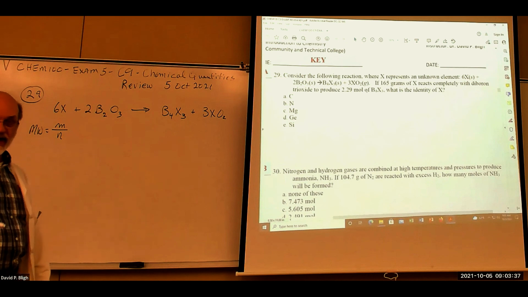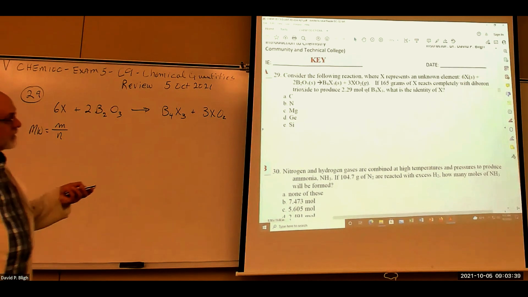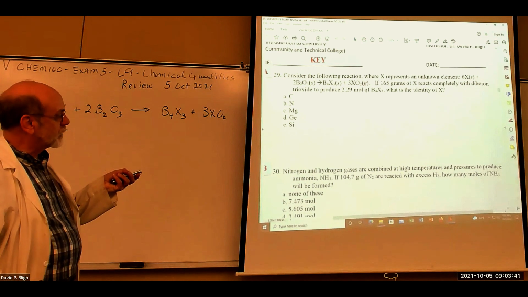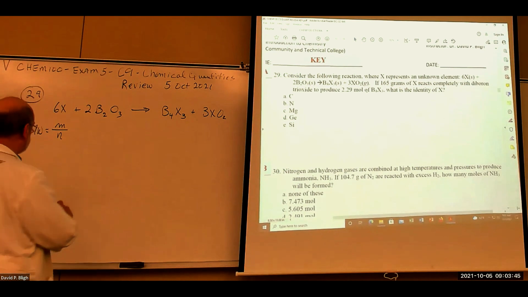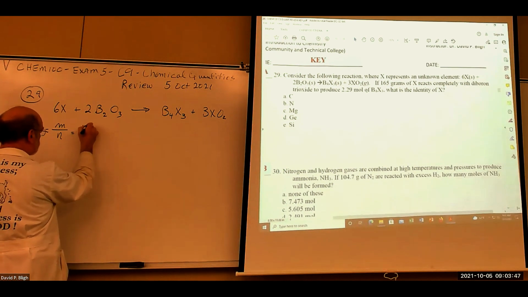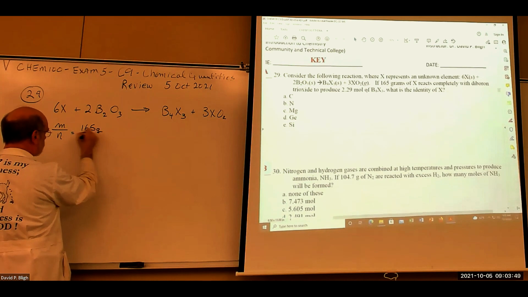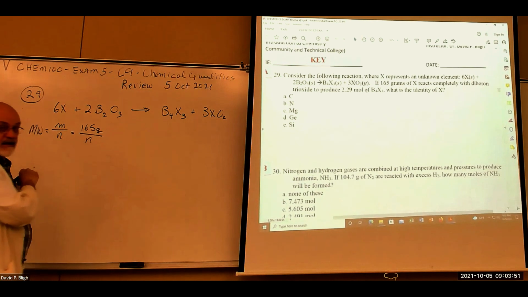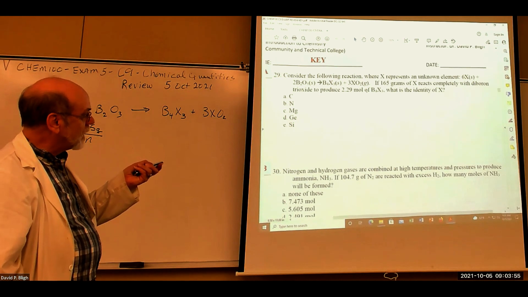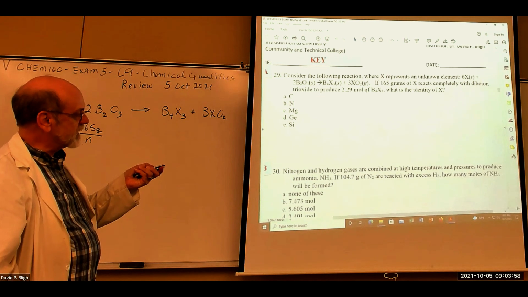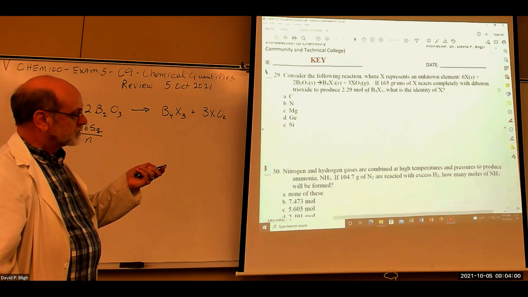Do we have mass? It says 165 grams of X. We do have mass. What we need is moles. We need to find out how many moles of X are represented by that many grams.